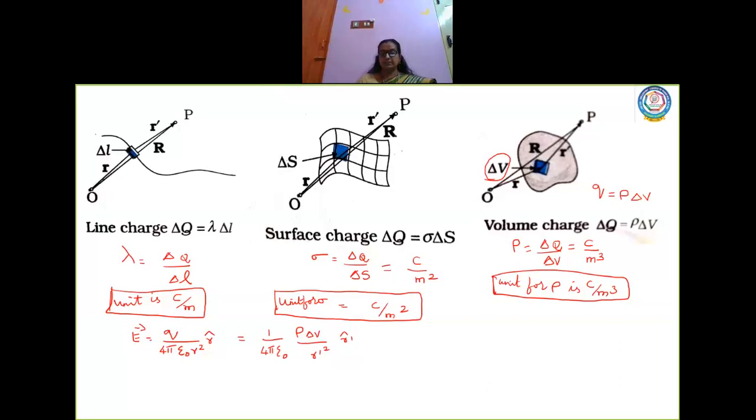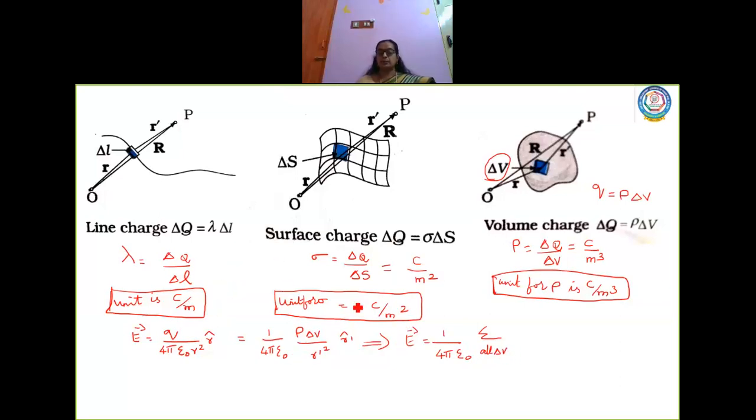So this formula will be rearranged as E is equal to 1 by 4 pi epsilon naught, summation of all the small volume elements. Now this is for one volume element.